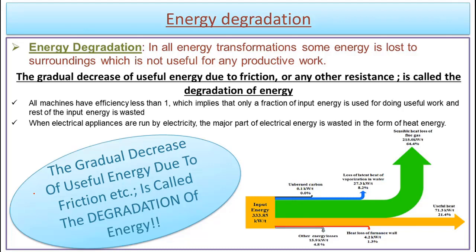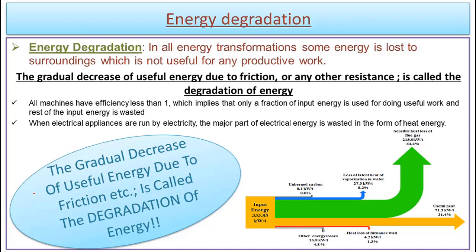So is the law of conservation of energy false? No, it is not like that. When we say degradation of energy, we actually mean that some of the useful form of energy is converted into some useless form of energy. But if we take the total sum of the energy in the system, it remains constant.